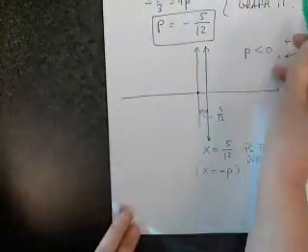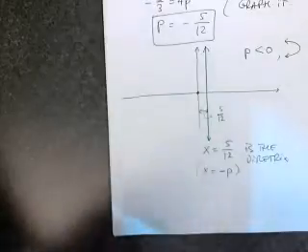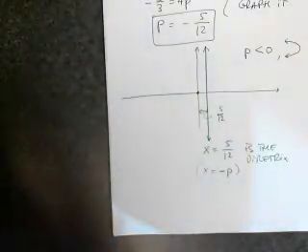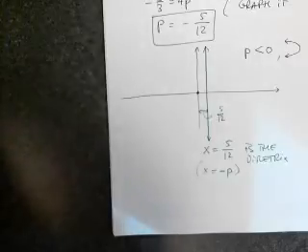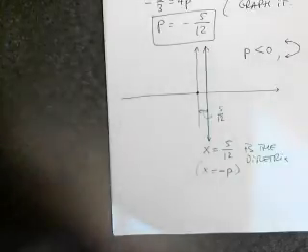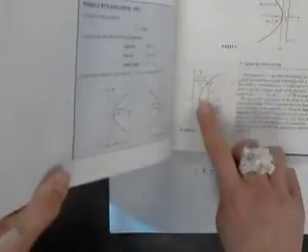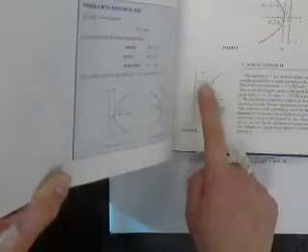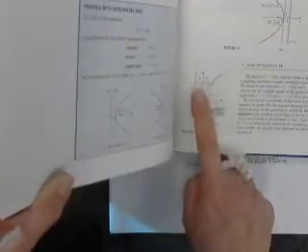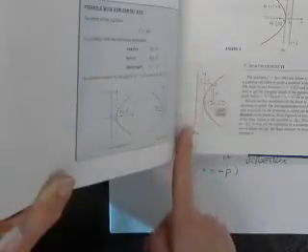Now the focal diameter, I want to show you a graph because I like these graphs here. If there is one, yes, there is one. So this is a parabola that opens to the right, which means p is positive. So x equals negative p is the directrix.